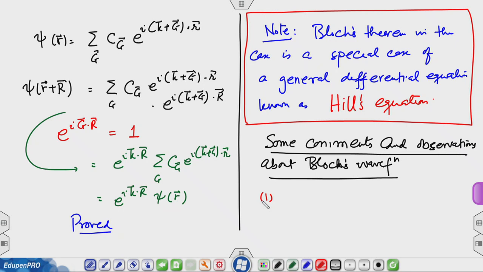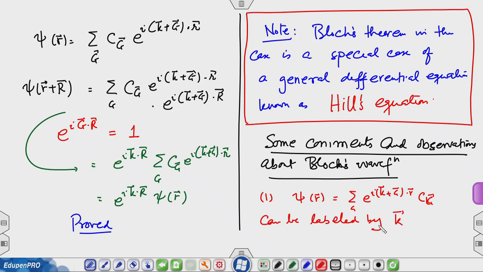Number 1. Psi(r), which is given as summation over G of e raised to i (k plus G) dot r C_G, can be labeled by k, as k determines the transformation of psi(r).